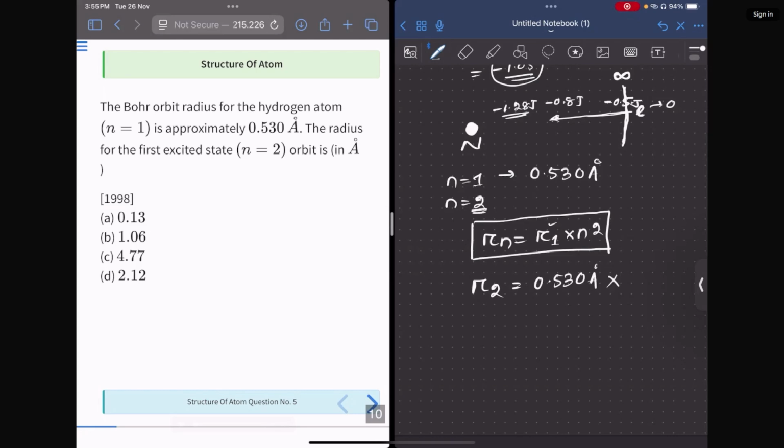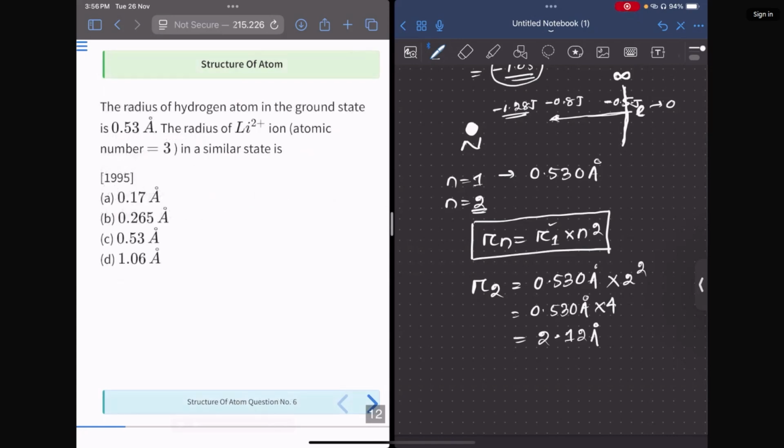So let's put that here: 0.530 angstrom into 2 square, that is 0.530 angstrom into 4. It will be 2.12 angstrom. So the answer is option D.